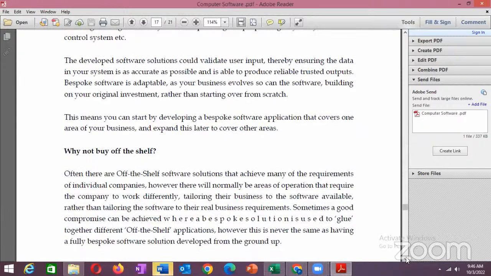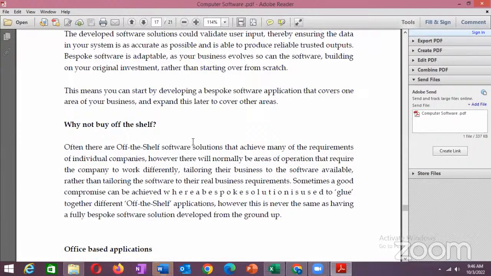So why not buy off the shelf? Often there are off-the-shelf software solutions that achieve many of the requirements of individual companies. However, there will normally be areas of operations that require that company to work differently, tailoring their business to the software available rather than tailoring the software to their real business requirements.